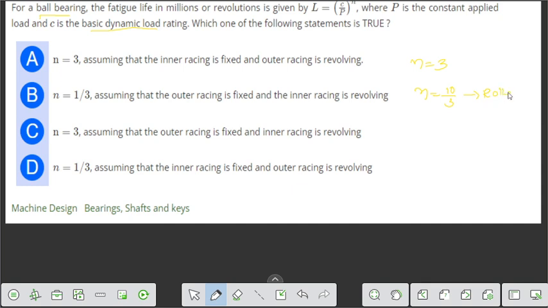This is roller bearing, this is ball bearing, so either this or this will be correct, and P is the constant applied load and fatigue life. So outer race is fixed and inner race is revolving. So option C will be the correct answer.